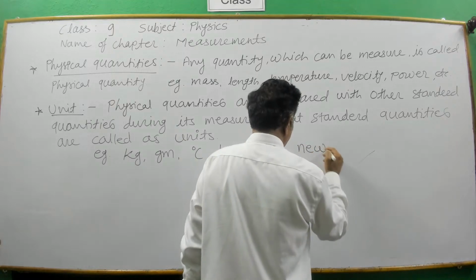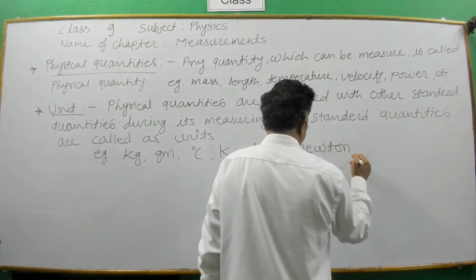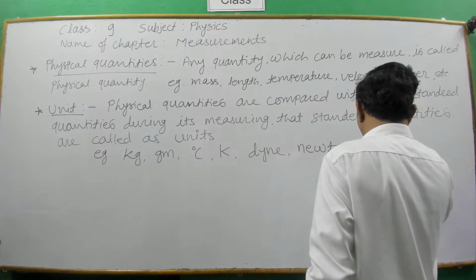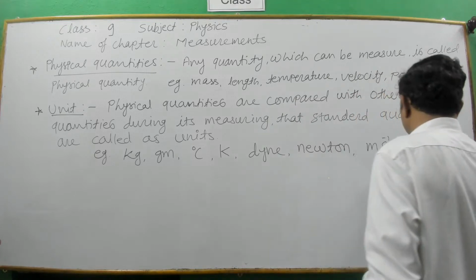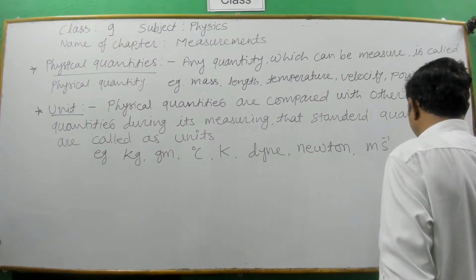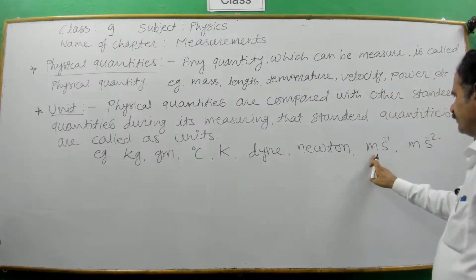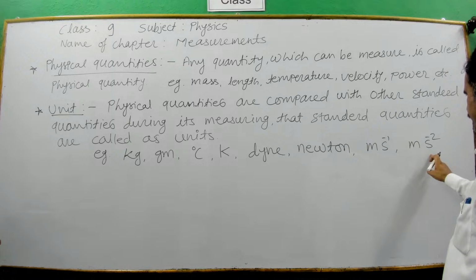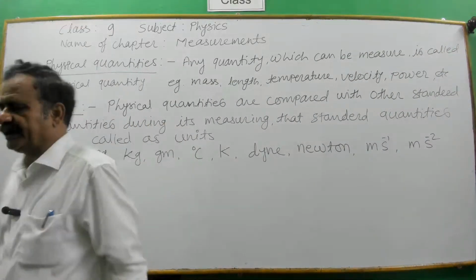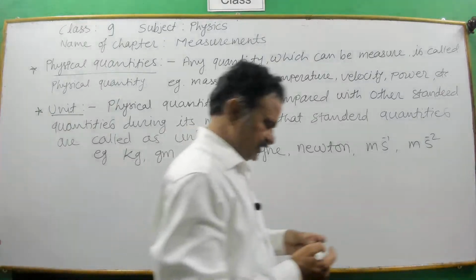Newton, meter per second, meter per second square, or meter second to the power minus one, meter second to the power minus two. These are the units. Clear? Write down this. Very easy.